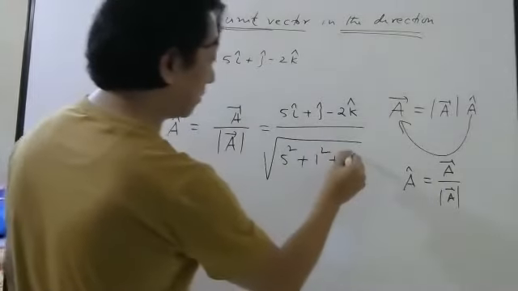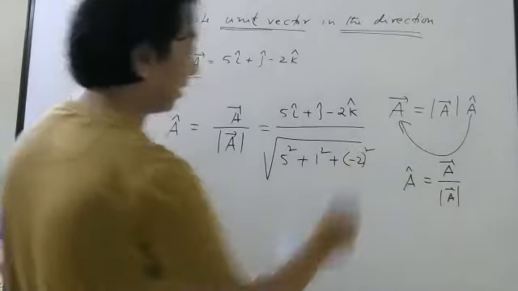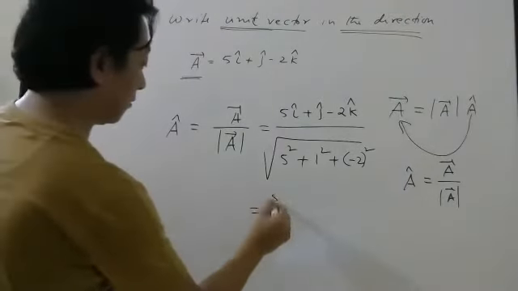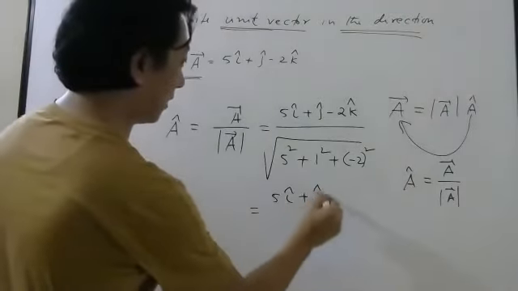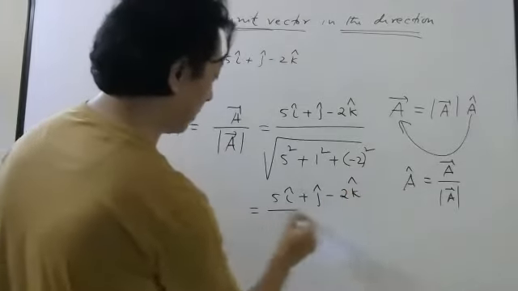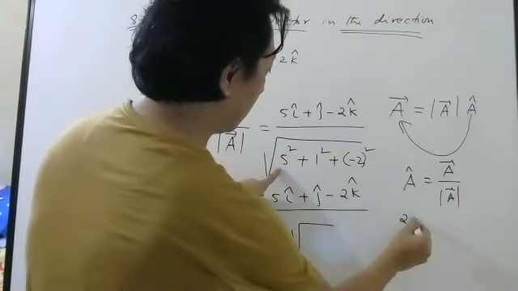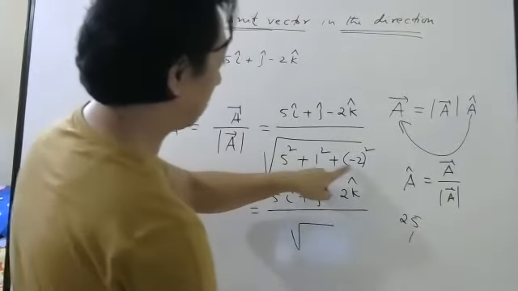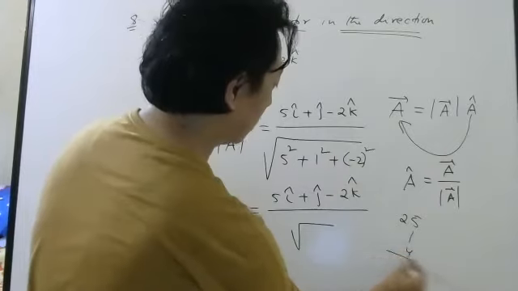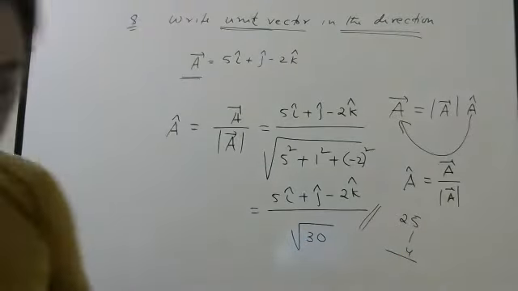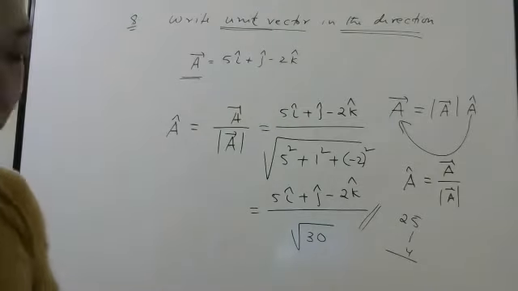Z component is minus 2, but it doesn't matter because you have to do the square. So 5i cap plus j cap minus 2k cap divided by root of 25 plus 1 plus 4, which is 30, root 30. So that is the answer. Root 30 again we can't simplify very easily.